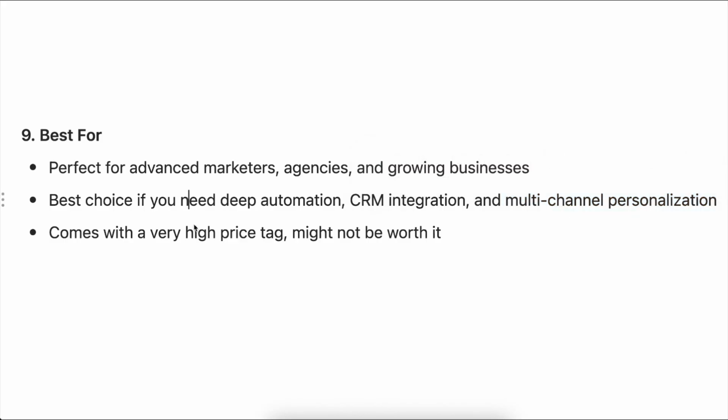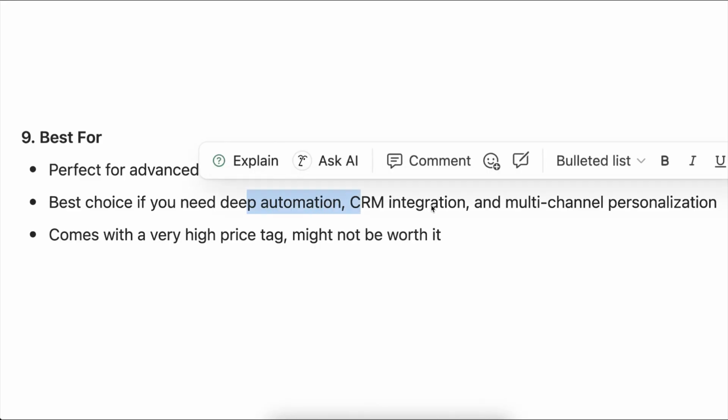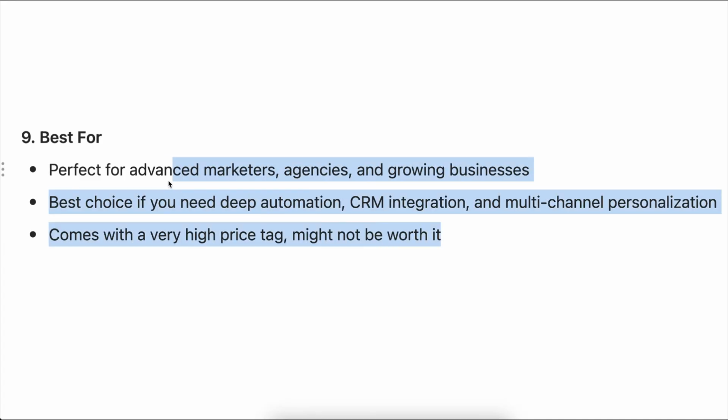However, as I mentioned, it comes with a very high price tag. So I would say you need to take into consideration, are you actually going to use all of these automations, all of the customizations, all of the different things? Because you can have another email marketing software that's 1/5 of the price that provides almost everything that you will need. So that's the only caveat here that you need to take into consideration.